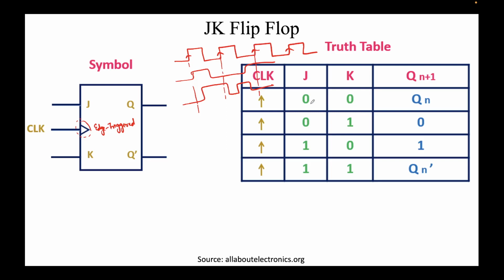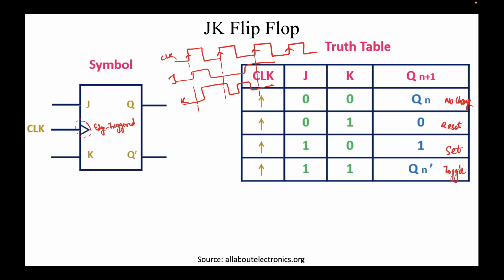Now, as you can clearly see, this truth table is very similar to the previous SR latch. There it was 0 1, so you can say this is the reset condition. This is like S and this is like R, set and reset, and 1 0. When you want to set it to 1, Qn plus 1 will become 1. We saw that when both S bar and R bar were 1, it was no change. So here again this is the no change condition, this is reset, this is set, and this is what is known as toggle.